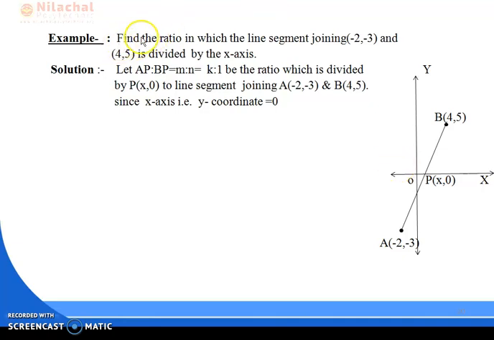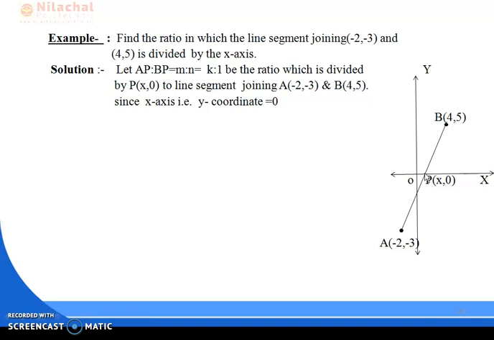So our question is to find the ratio. If the question is to find the ratio, then we write let m:n equal k:1. Let m:n equal k:1 be the ratio in which the point P is divided. Point P is divided by the x-axis, so this point must be on the x-axis.